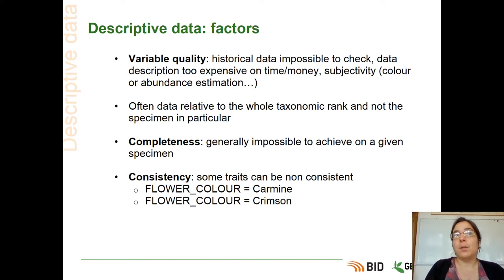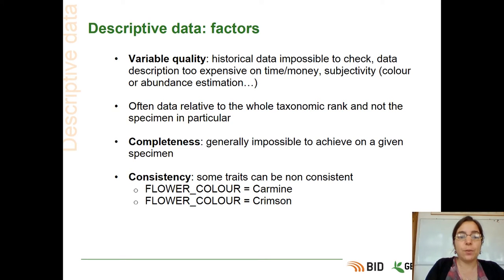Often, most of the time, data are relative to the whole taxonomic rank and not the specimen in particular. So the descriptive data are often made about the whole taxonomic rank and not a given specimen. So you have to be sure that this also is right for your specimen.